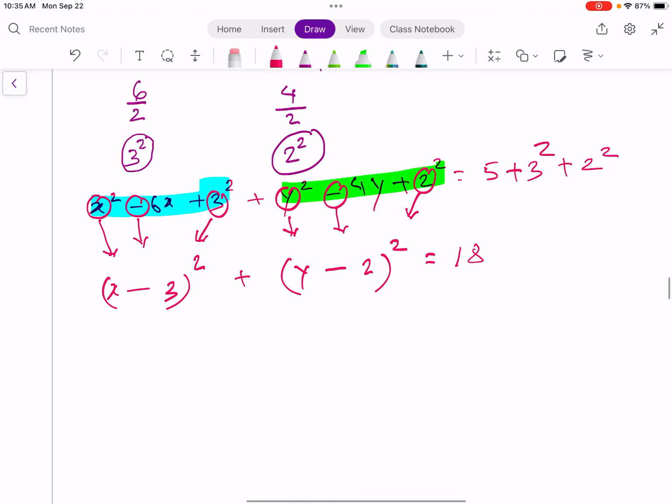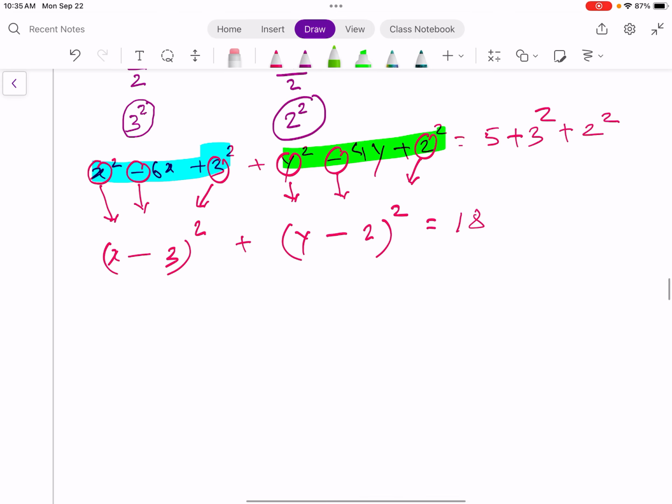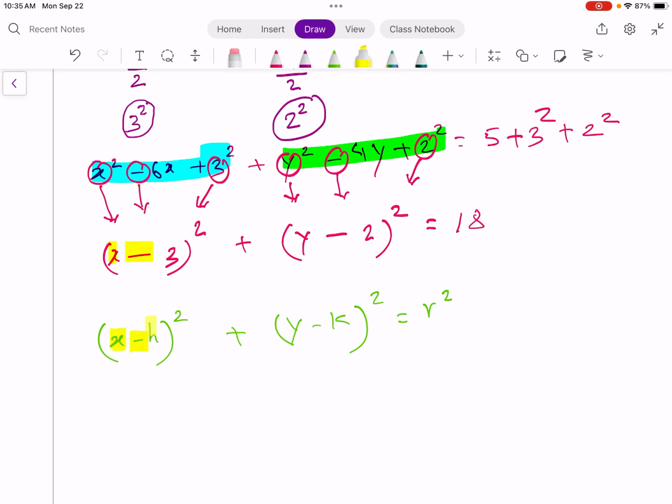Now let's compare with our standard form. Our standard form is (x minus h) square plus (y minus k) square equals to r square. For x, we have x, right? For negative, we have negative. For h, what do we have? 3, right?